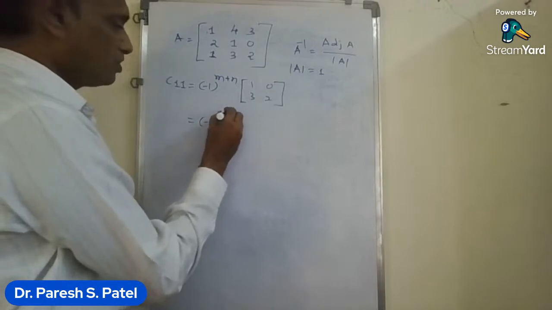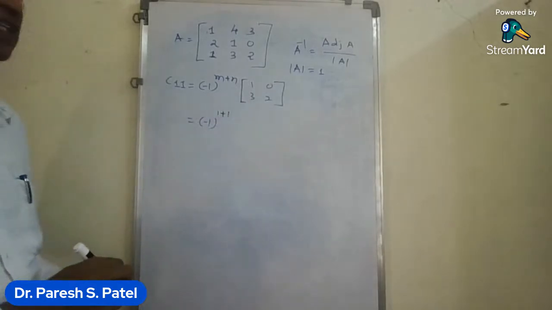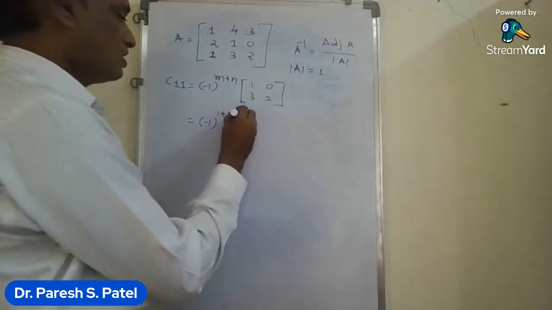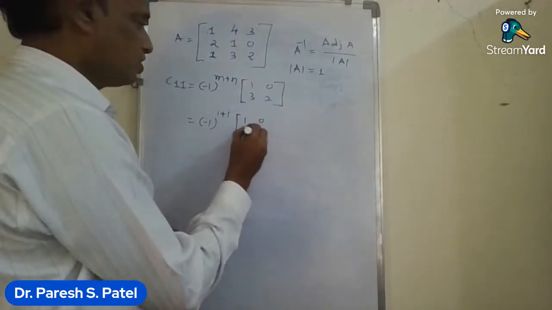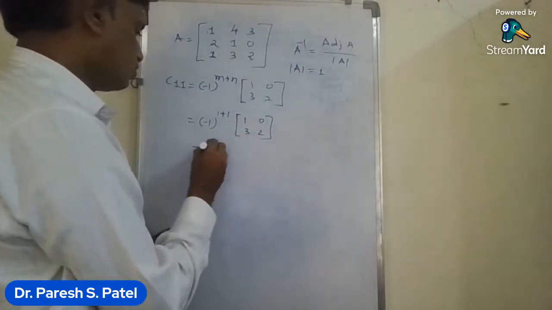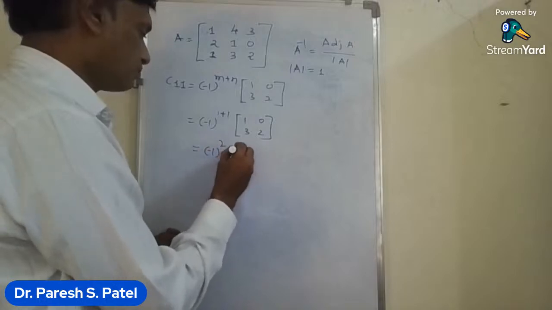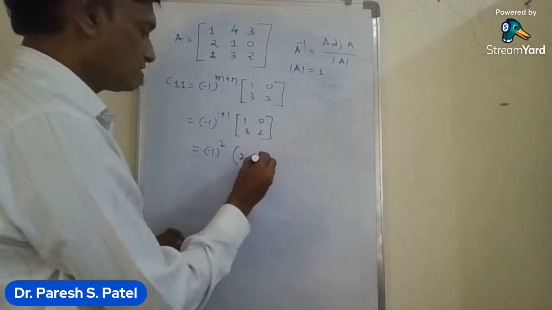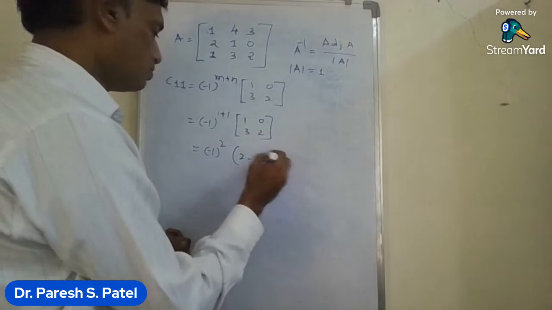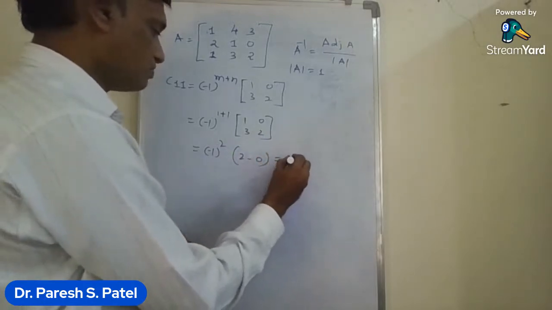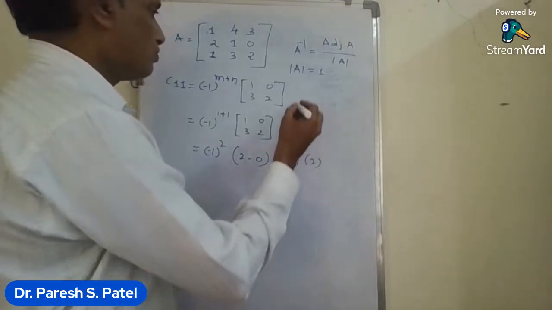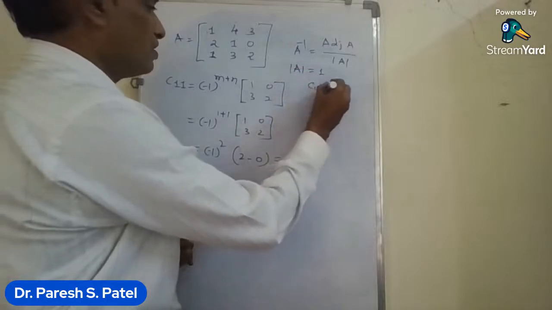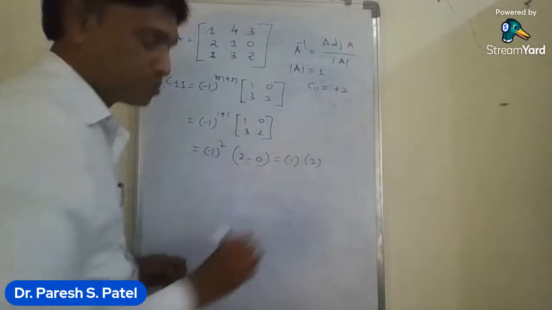This is the element of the first row and first column, so the remaining elements are [1 0; 3 2]. That is minus 1 raised to 1 plus 1, which is 2, times (2 minus 0), equal to plus 1 times 2. So the value for C11 is equal to plus 2.